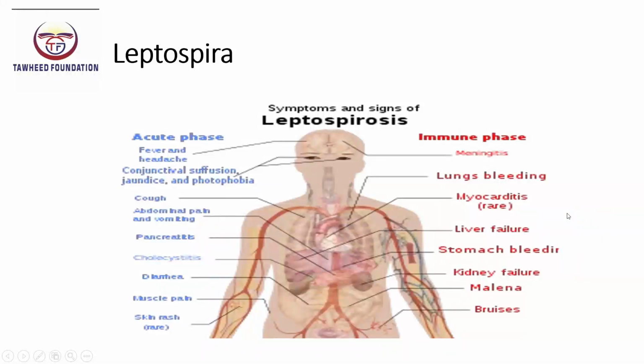And for immune phase, meningitis, lung bleeding, myocarditis, seen very rarely. Liver failure, stomach bleeding, kidney failure, melena, and bruises. All over the body, you'll see small red patches of bruises.